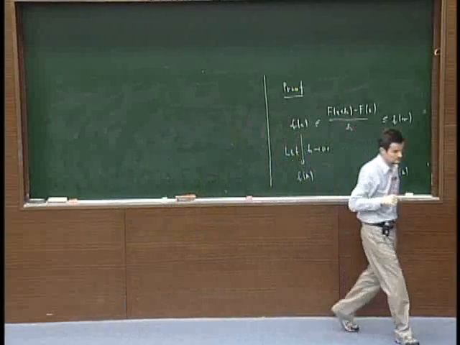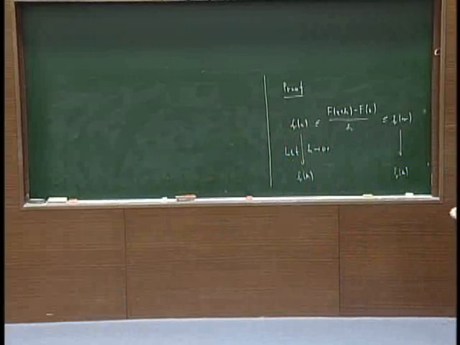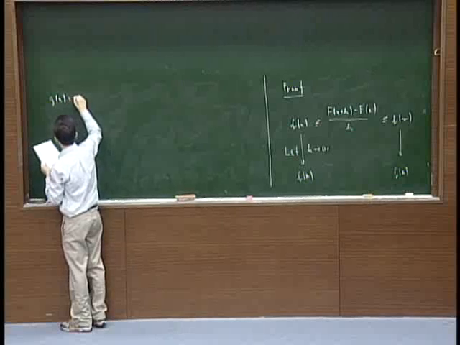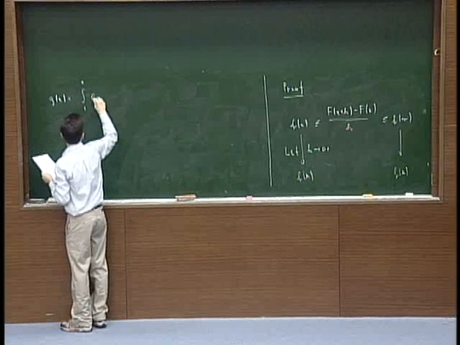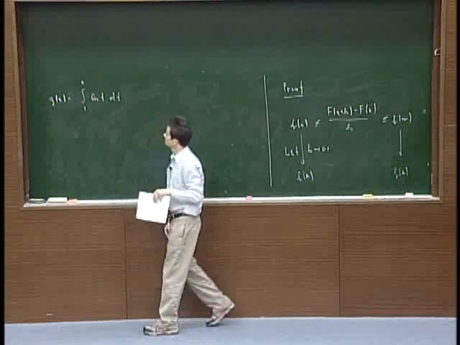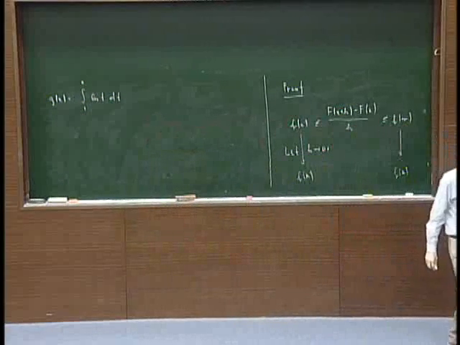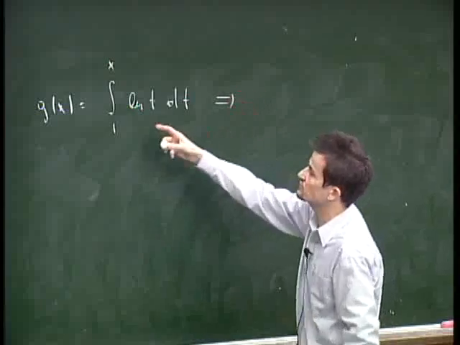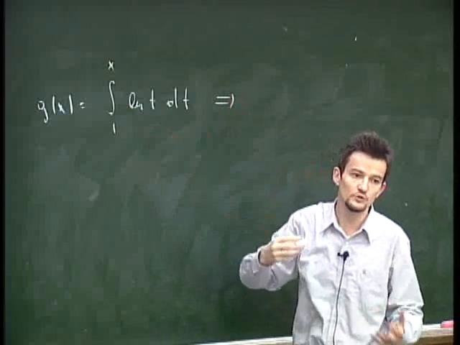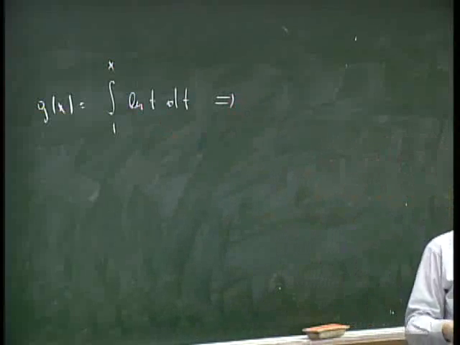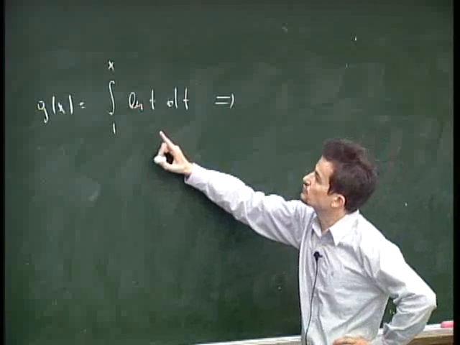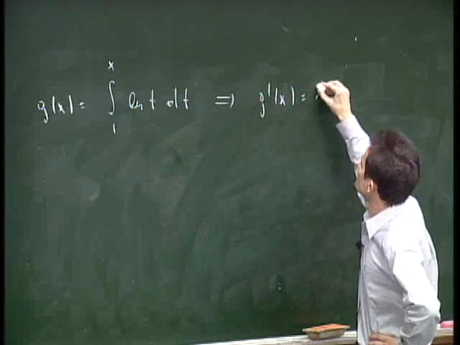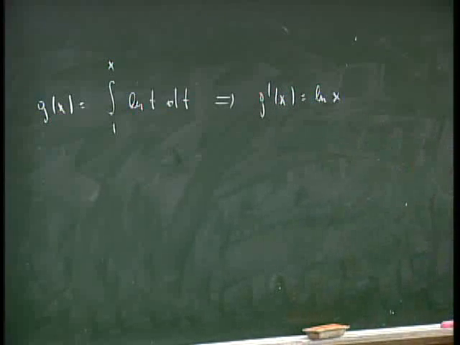from this theorem. The first thing is that, for instance, whenever you have something like g of x equal to the integral from 1 to x of ln t dt, you can immediately know, even if you cannot compute the integral, because we still do not know how to compute the integral, at least you know that the derivative of this function will be equal to ln x.